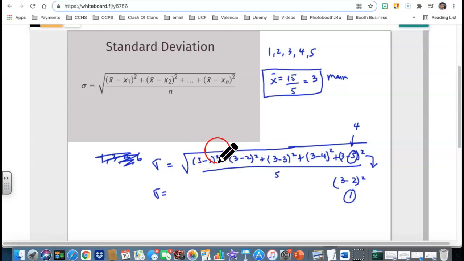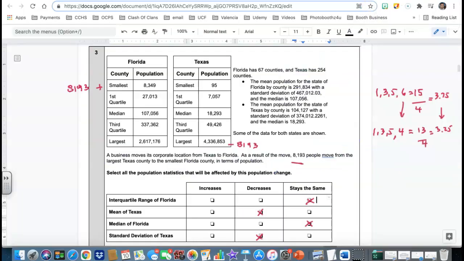Once you raise it to the second power, all of them are going to be positive, positive, or here in this case it's 0, positive, positive. 3 minus 4 is negative 1, but to the second power is 1. So you're going to add all those values. But as soon as one of the data values went down, the standard deviation goes down as well. Okay, I hope it's that clear.